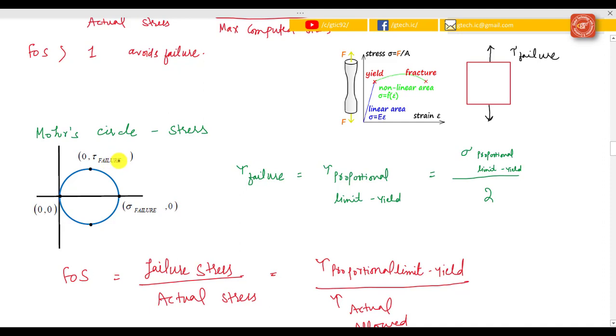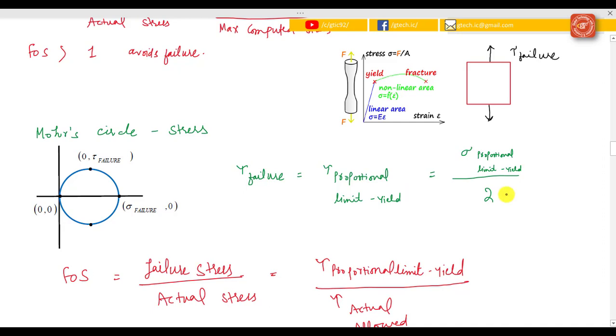So tau failure, let's say that our sigma failure is the yield or proportional limit, and the failure is defined as the yielding or reaching the proportional limit of our material. And so for tau failure, that's also going to be the yield or proportional limit, and so that's going to be, from our Mohr circle, one half of the sigma yield.